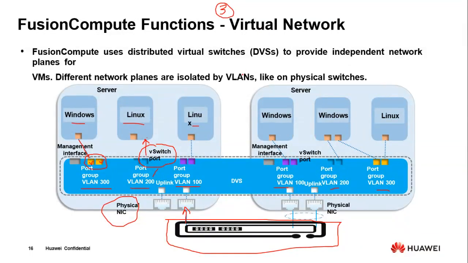So basically, this is how it looks like. You can create your VLANs, and it uses a technology called distributed virtual switches, DVS. The DVS provides independent network planes for each virtual machine. So basically, each virtual machine that you create, let's say VM1, VM2, will be in different independent planes.